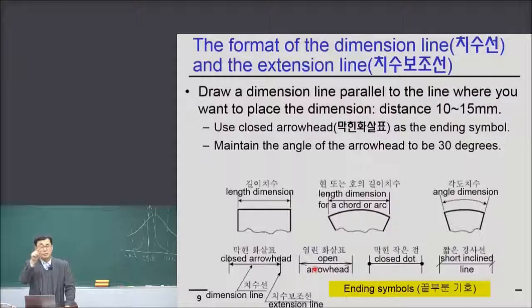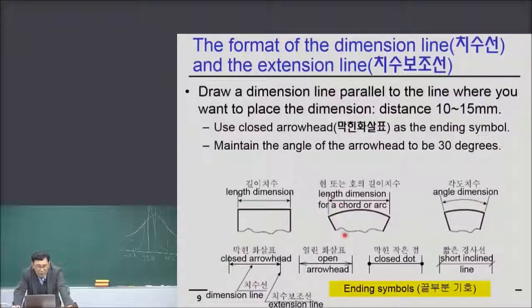The angle of the equilateral triangle is 60 degrees, but you see, this is 30 degrees. So it is longer than the equilateral triangle. So 30 degrees is recommended.